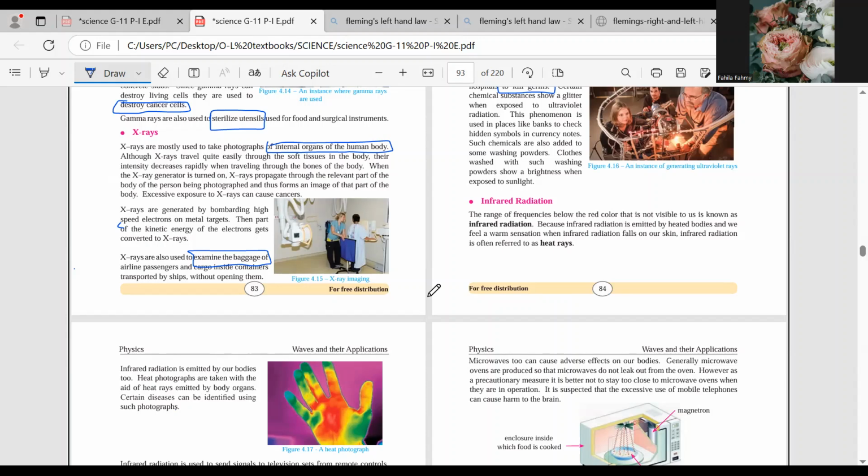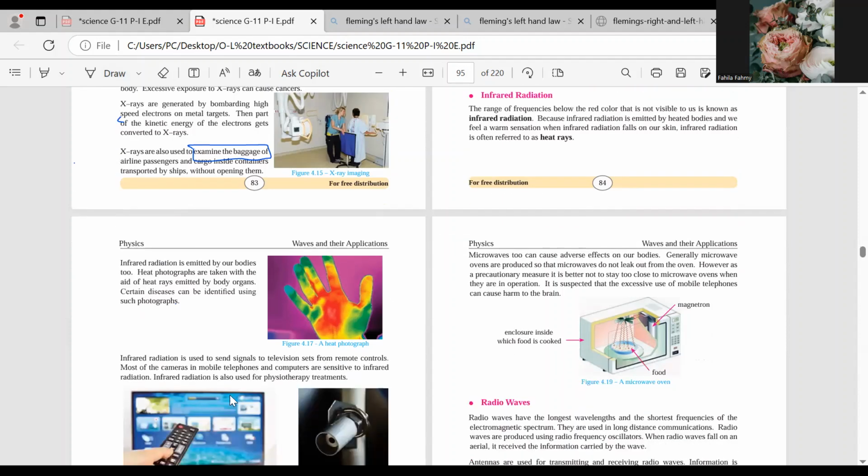Not only to get heat images, infrared rays are also used in remotes, right? They are sensitive to infrared radiation, so they are used to send signals in TVs and remote controls, and they are also used in physiotherapy treatment.